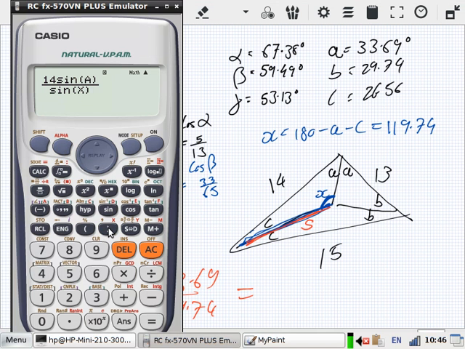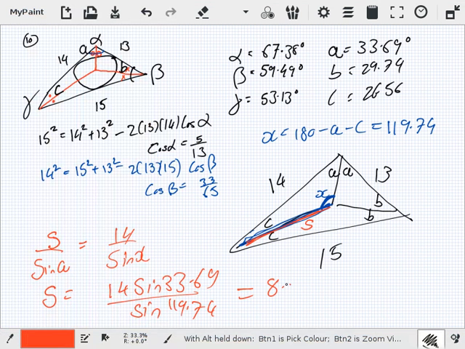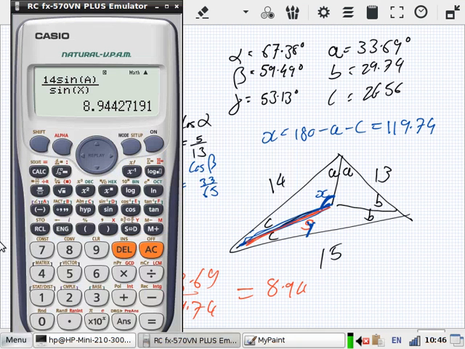Oh yeah, we do, we have the A. 8.94. Oh, do you know what? I should call that not X, I should call it Y. That would be better, because I can store a Y on my calculator. Right. Shift, store, Y. Okay.